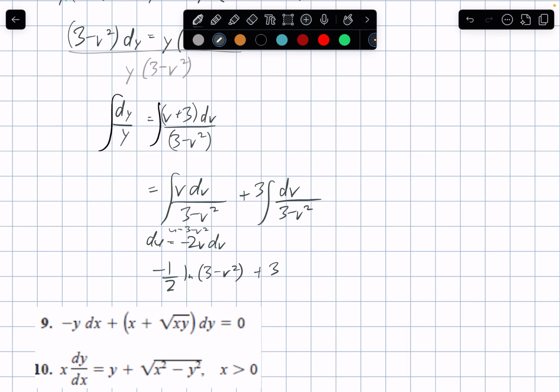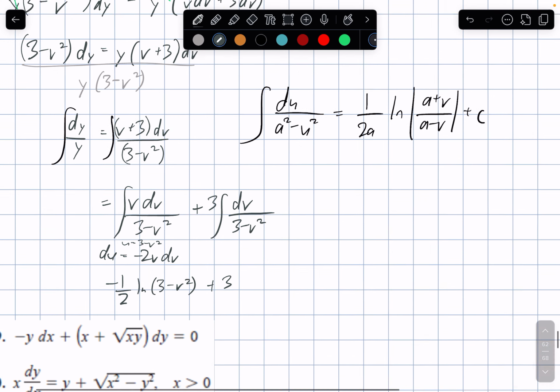Wow. It's my first time seeing this formula. What I'm seeing right now. What is this? So apparently, given du over a squared minus u squared, that's equal to 1 over 2a ln a plus u over a minus u plus c.